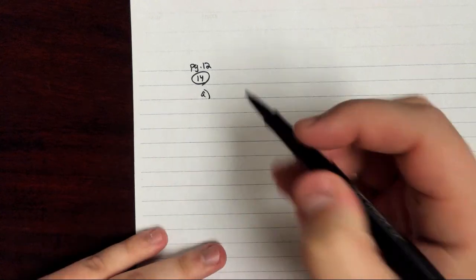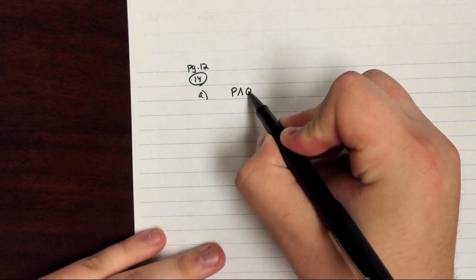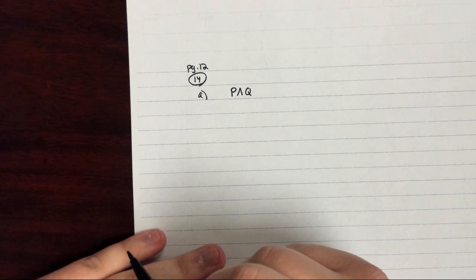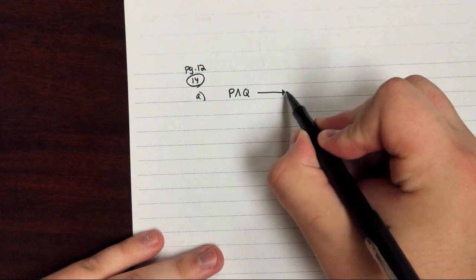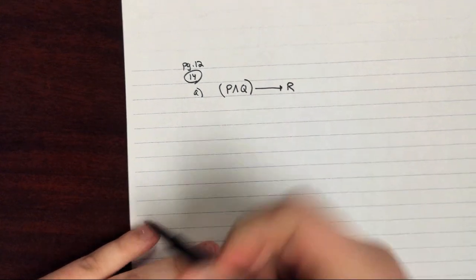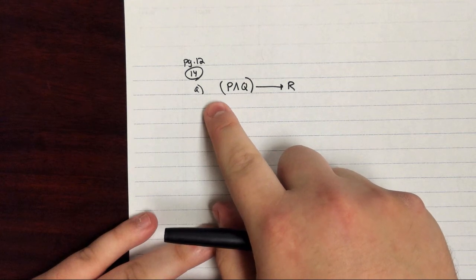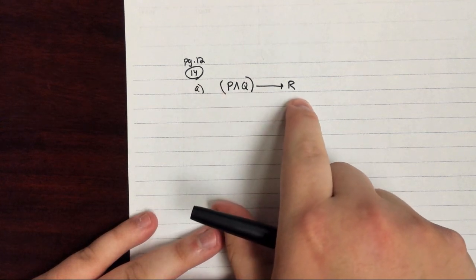So what would that be as a logical statement? So P, caret, Q. Then an arrow, R. Yeah, that's right. Put it in parentheses just for being fancy. So if Andy's hungry and the refrigerator is empty, then Andy's mad.